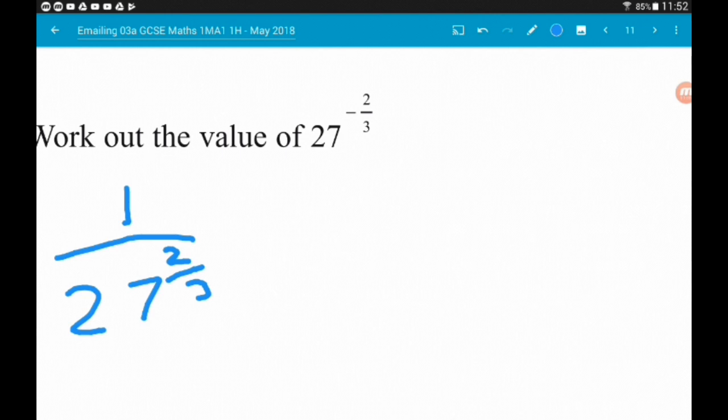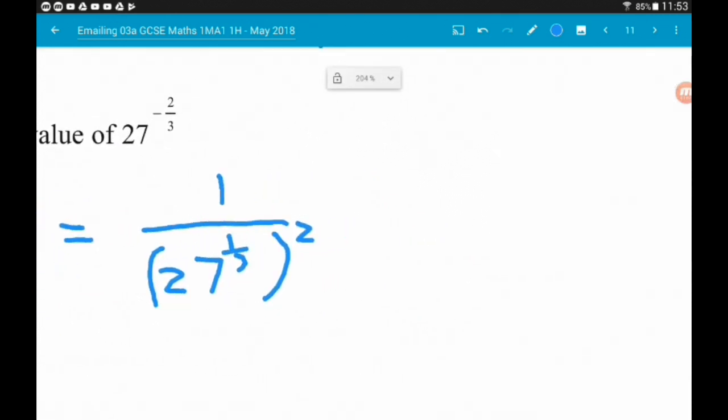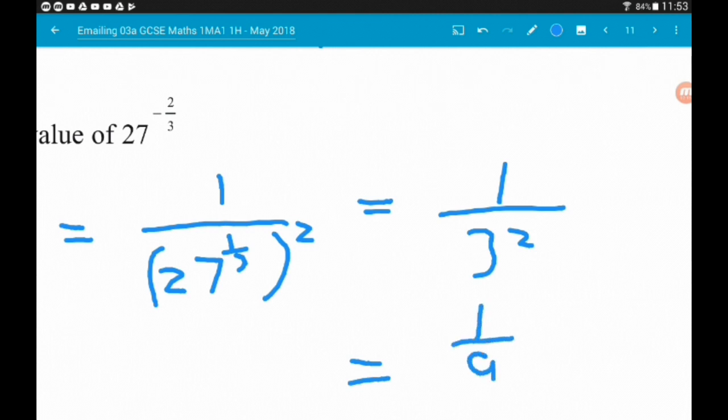Now when we have fractional powers like this, we're going to split the power up. So we're going to say this is 1 over 27 to the 3rd squared. So that is now 1 over, or 27 to the 1/3 is asking for the cube root of 27, which is 3. So we got 1 over 3 squared, which finally gives us 1 over 9.